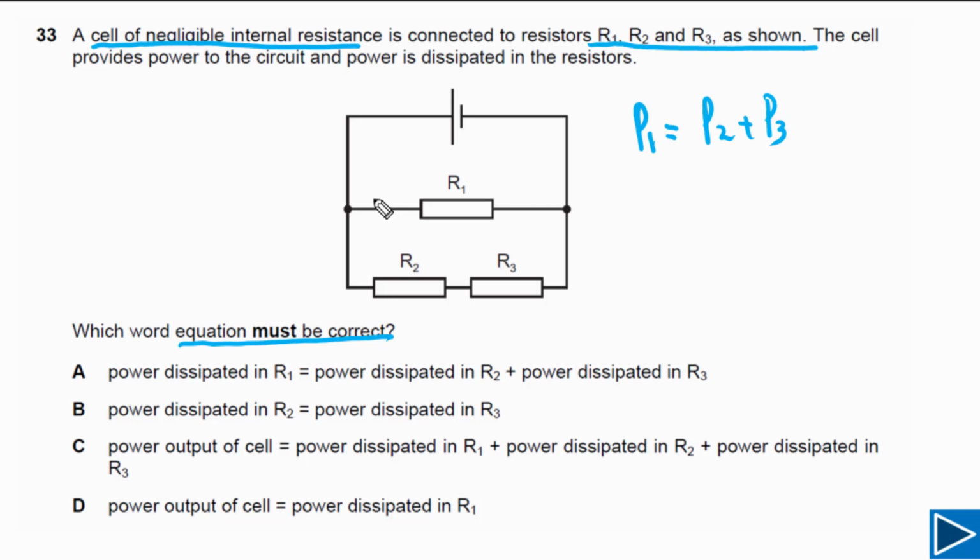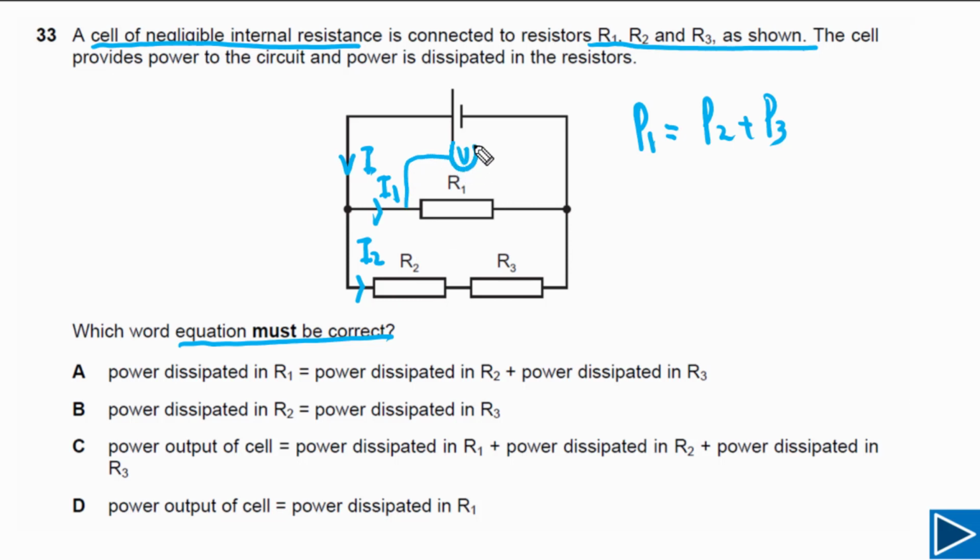For that purpose, let's assume the current coming from this cell is I, the current passing through resistor 1 is I1, and the current passing through these two resistors is I2. Now we can write the equation for the power dissipated in these resistors. We can also connect a voltmeter.